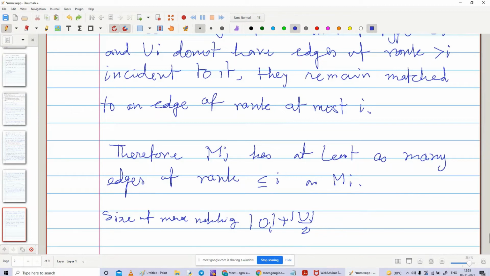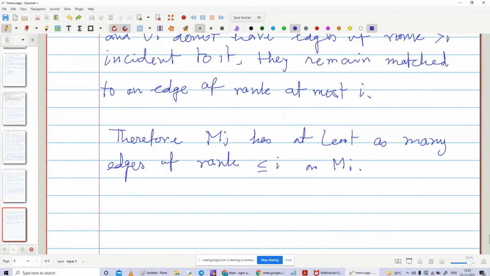Therefore Mj has at least as many edges of rank less than or equal to I as Mi.